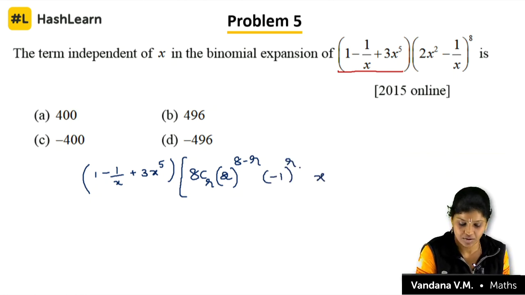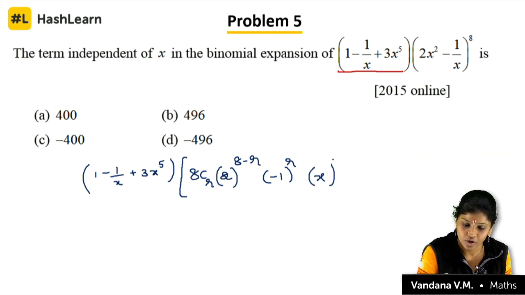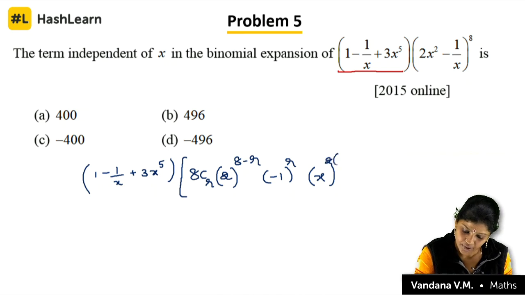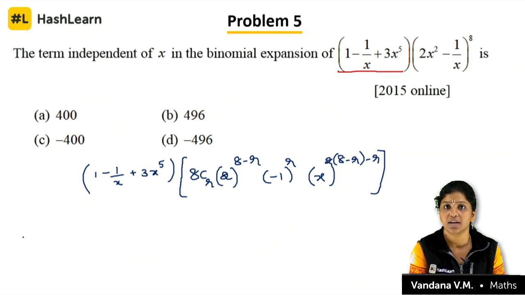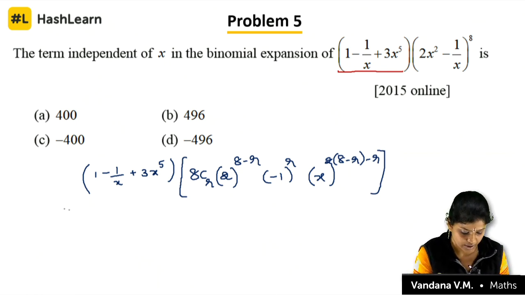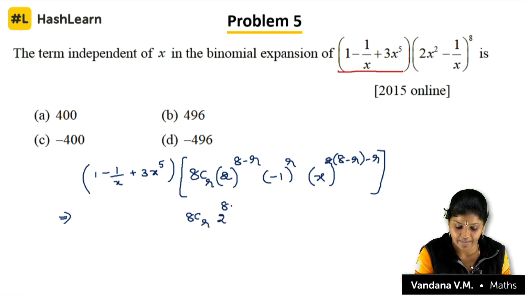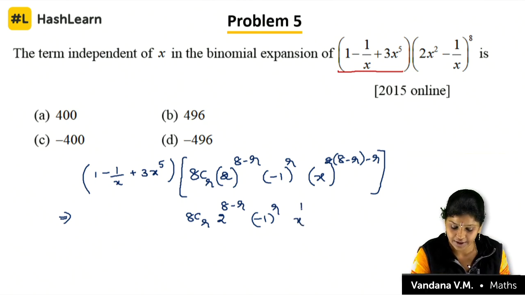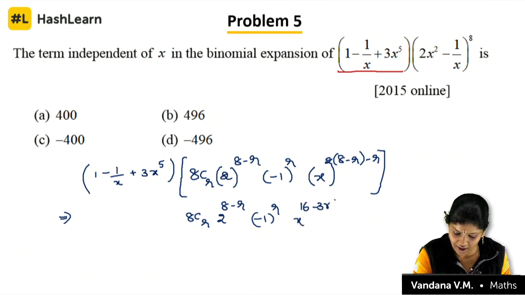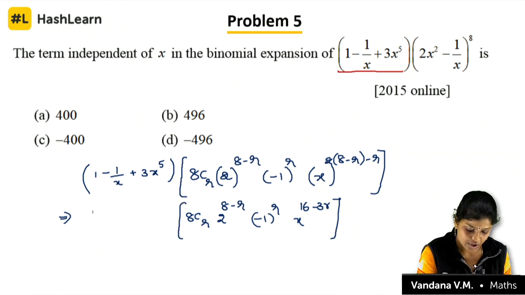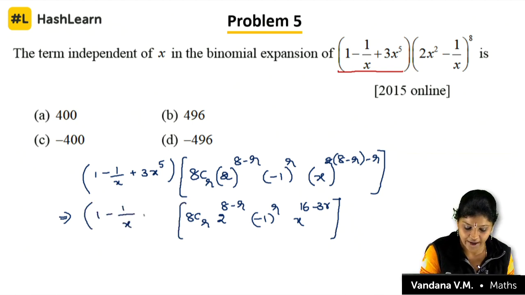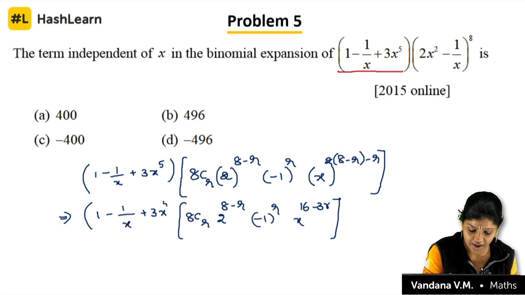So, x power, I told you the binomial expansion, if you multiply 2 into 8 minus r you will get this. This is your general term. Now look at here, 8Cr 2 power 8 minus r minus 1 whole power r, multiply x power 16 minus 3r into 1 minus 1 by x plus 3x power 5.